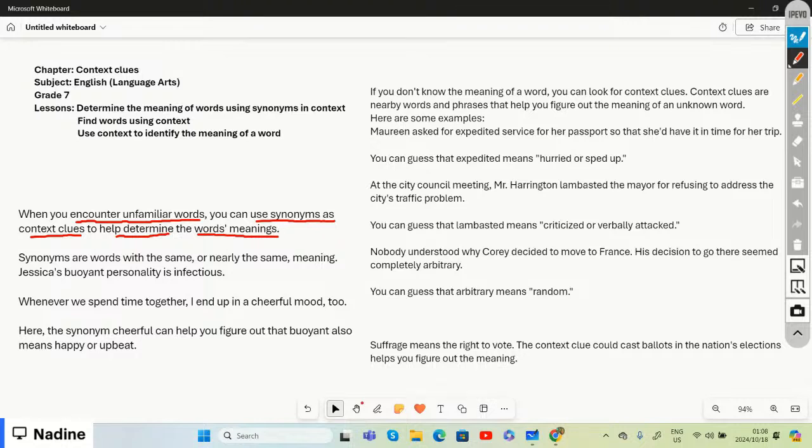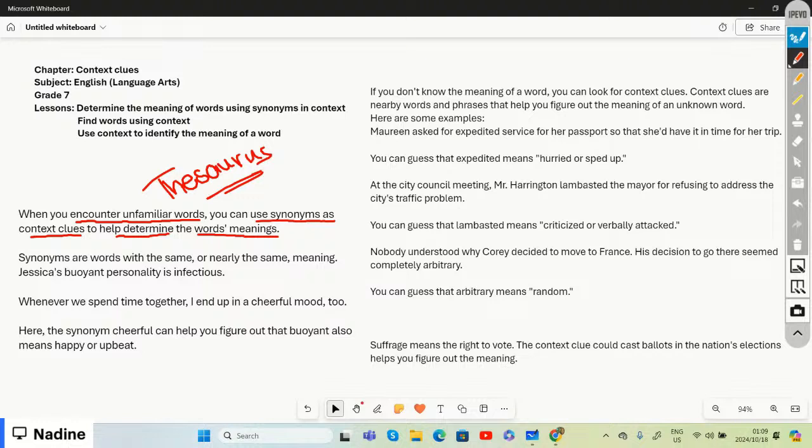But how do you know the synonym of a word? If you don't know the synonym by heart, and there's no synonym in the text, then of course, thesaurus. A thesaurus is a book, almost like a dictionary, that gives you the meaning of a word, but it gives you the synonyms of that specific word.